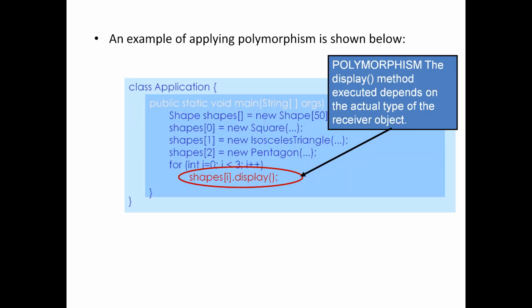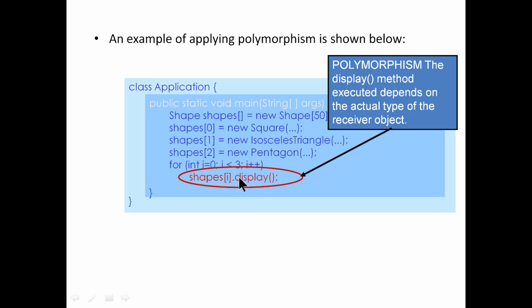Now you are testing: you create an array of shapes and assign different shapes. One is a square, one is a new triangle, and you loop, calling shape of i. Shape is the superclass, and you are assigning different objects to the superclass, and by calling display, it understands which display to call.